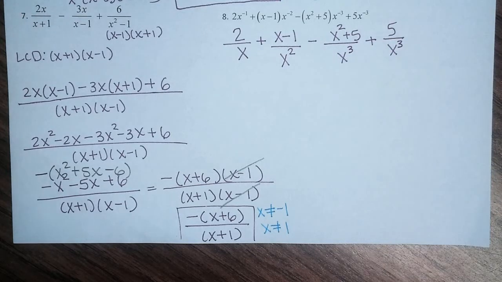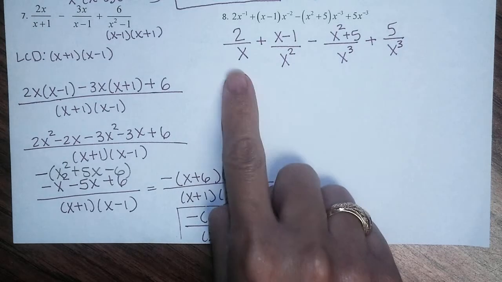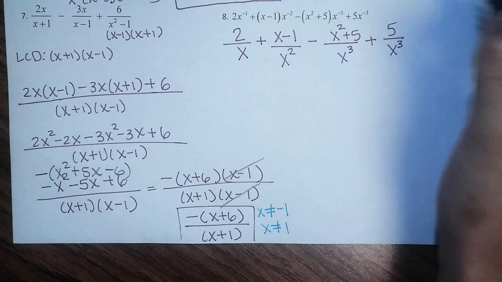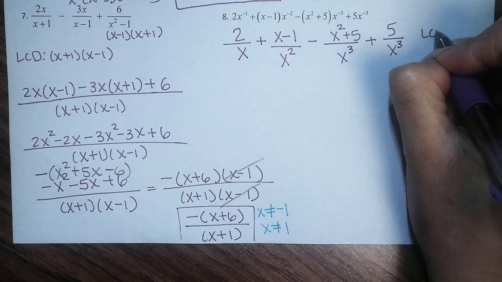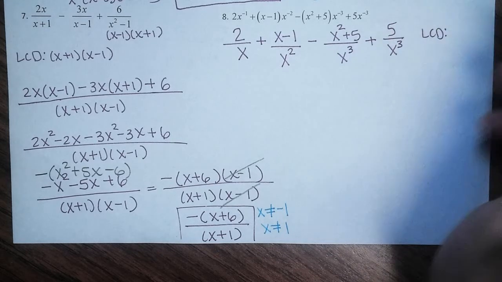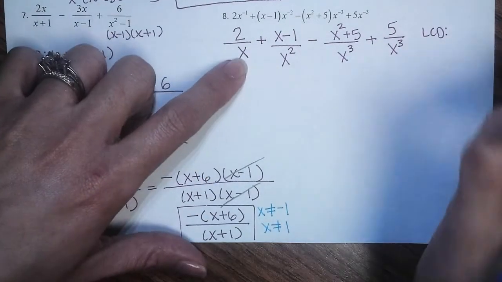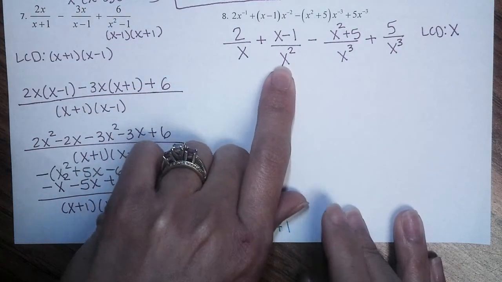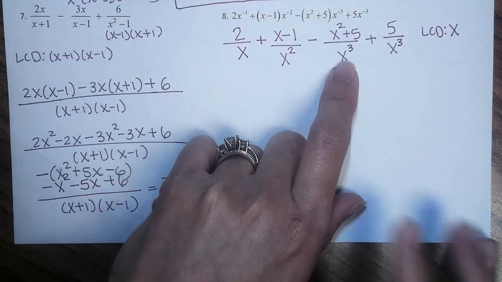So the first thing I did on number 8 was I rewrote the question so that we would have positive exponents, and that creates a rational expression, like a fraction. Now you do the same thing I've been trying to show you in all of these. We do the LCD. So the LCD for this is going to include the x, but then you have an x squared, and then you have to have an x cubed.